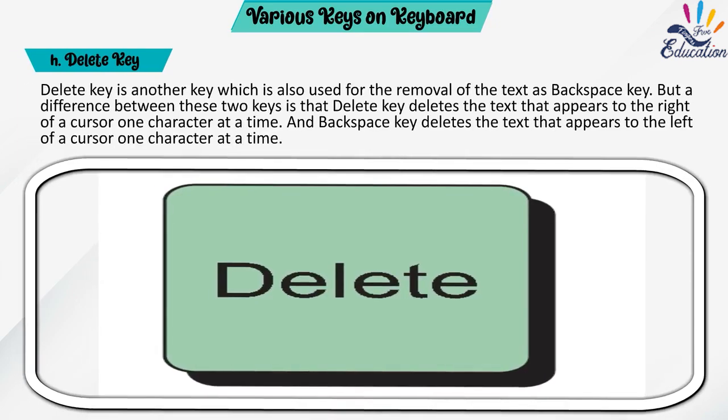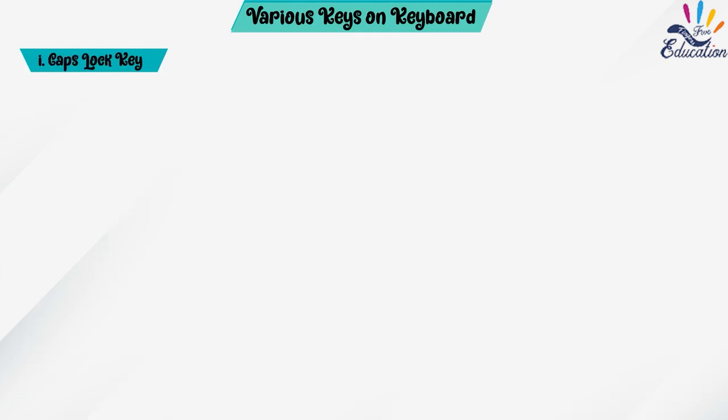Delete key is another key which is also used for the removal of the text as backspace key. But a difference between these two keys is that delete key deletes the text that appears to the right of a cursor one character at a time, and backspace key deletes the text that appears to the left of a cursor one character at a time.